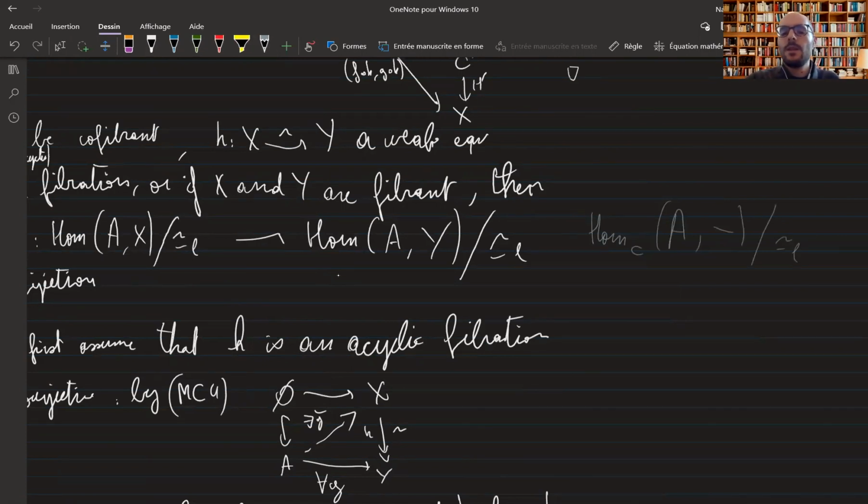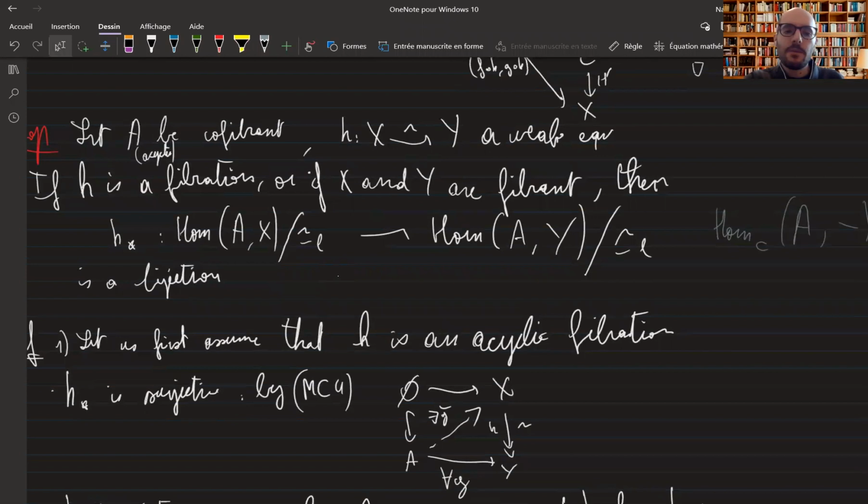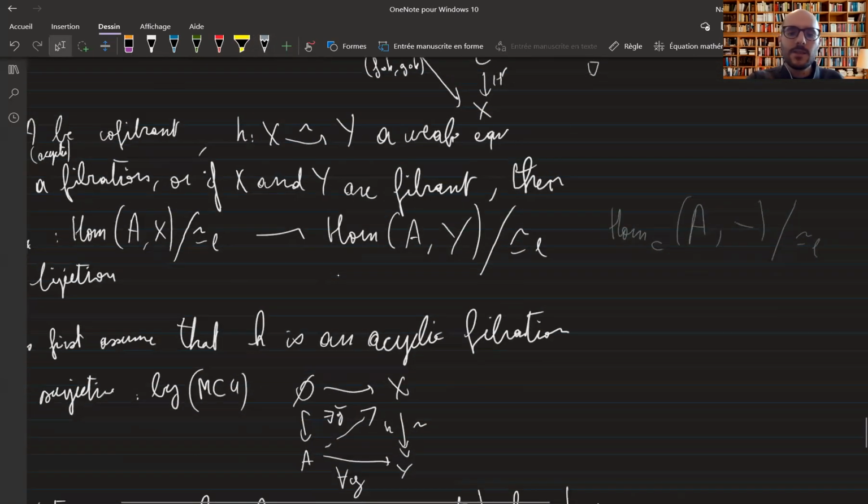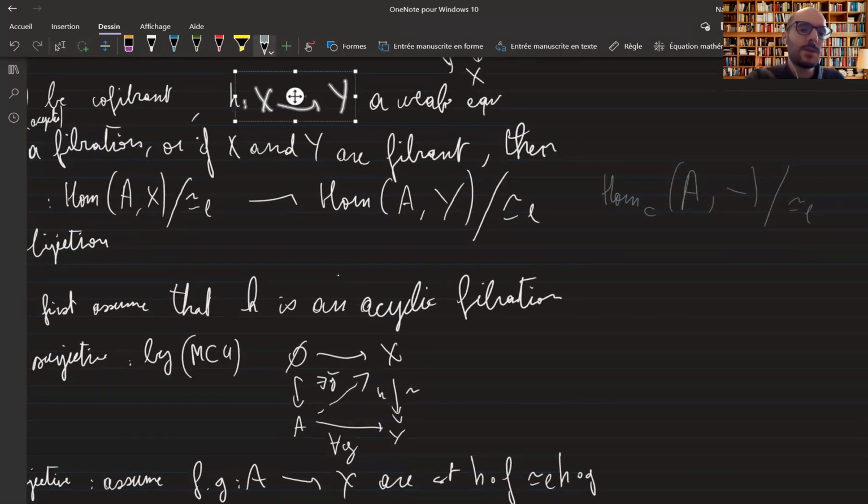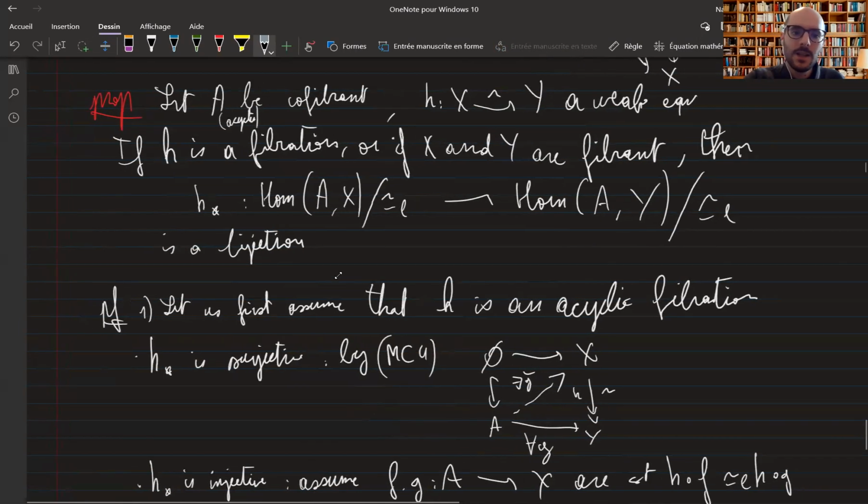What we have just proved is that this functor sends acyclic fibrations to bijections. There is a very general lemma which states that if this is the case, then it sends any weak equivalence between fibrant objects to bijections. So we are going to see it now in a particular case, and later on, when we have a need of it, we are going to make it more general.